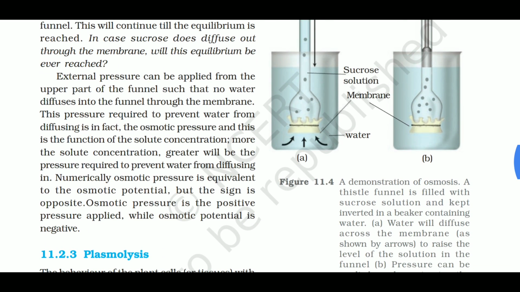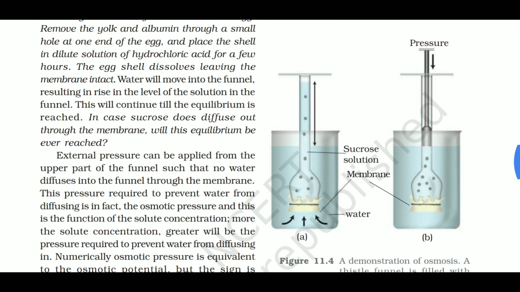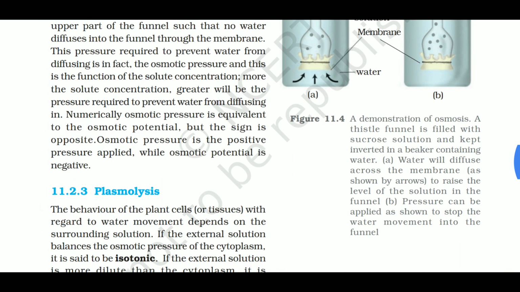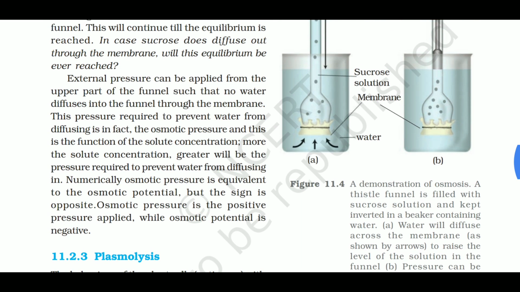From this picture, the water is going inside the funnel to maintain equilibrium. A thistle funnel is filled with sucrose solution and kept inverted in a beaker containing water. The water will diffuse across the membrane, as shown by the arrows, to raise the level of solution in the funnel. This is case A.